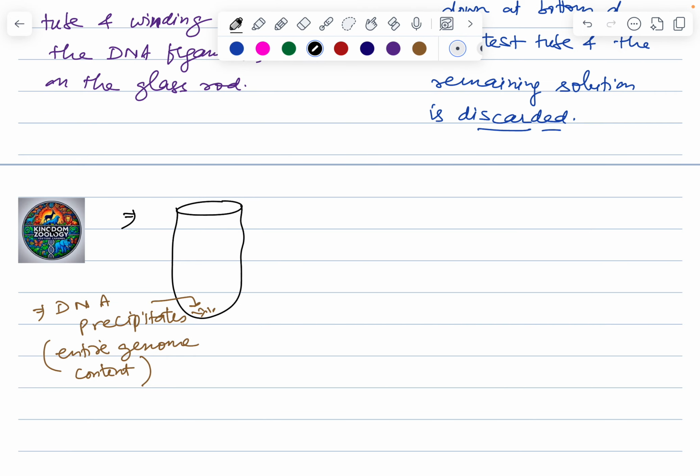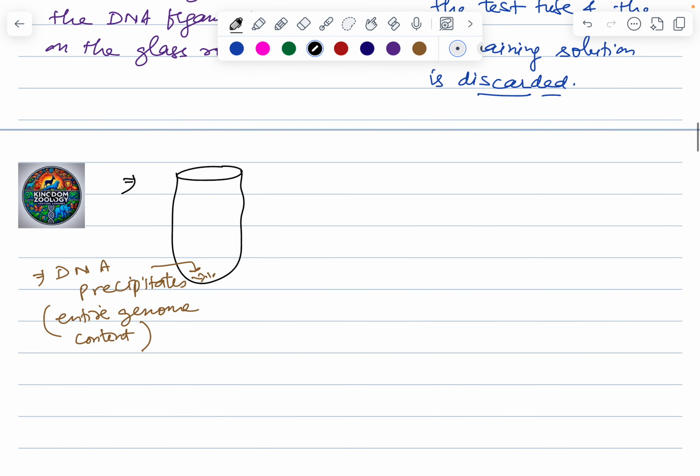Once I've got the DNA precipitates available here, the entire genome content, I should add some buffer to keep it hydrated, obviously, because I cannot keep the DNA dry for a lot of time, as it is going to get denatured.